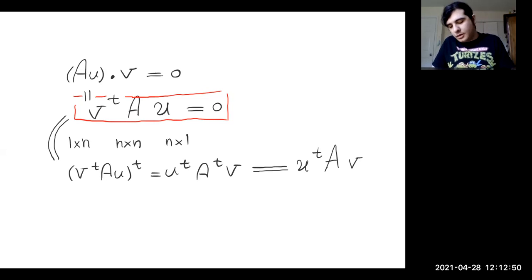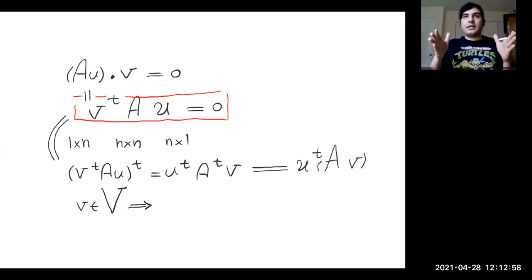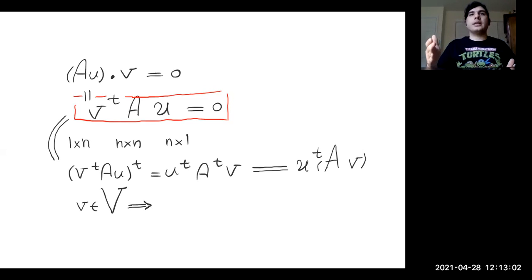But look at this part, AV. V is something in the vector space V, and this vector space is A invariant. So if I take any vector in this vector space and multiply that by A, I would get another vector in this vector space.